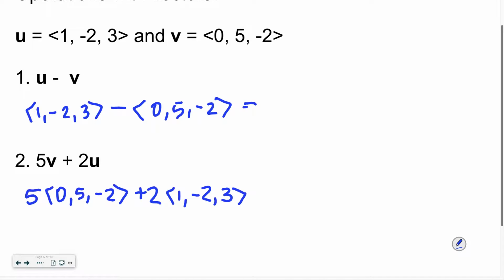Okay, number one's not so bad because we just have 1 minus 0, negative 2 minus 5, and 3 minus negative 2. Right? But down here, what I fear is that we're going to try to do too many steps at once and then get our numbers all jumbled. Okay? So I would highly suggest doing one thing at a time.